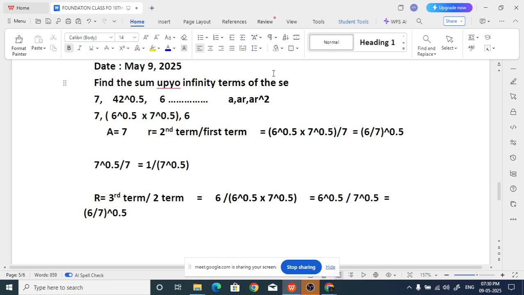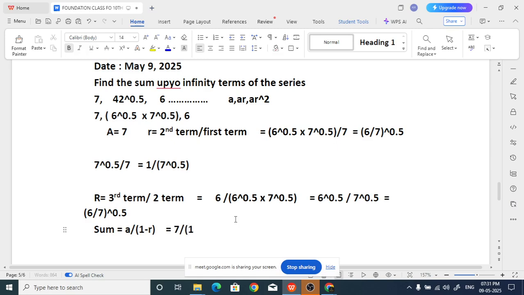Of the series, that sum is equal to A divided by 1 minus R. So, what is A? What is A? 7. 7. Divided by 1 minus R.